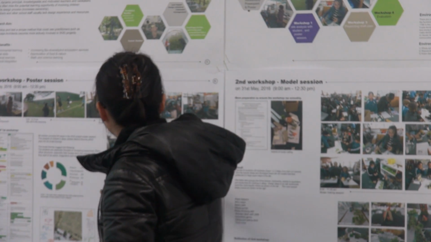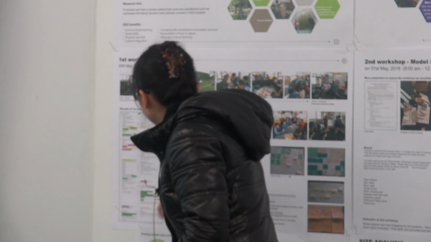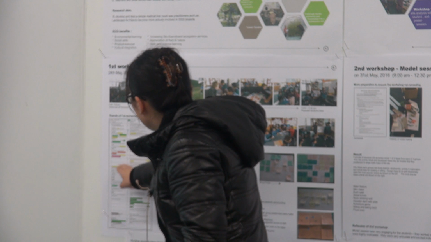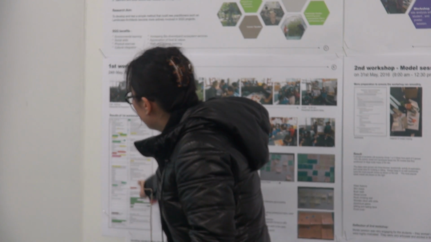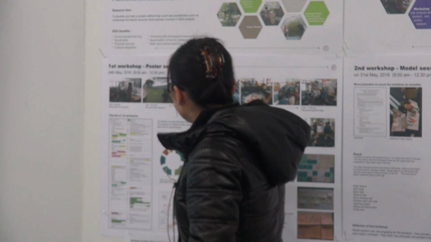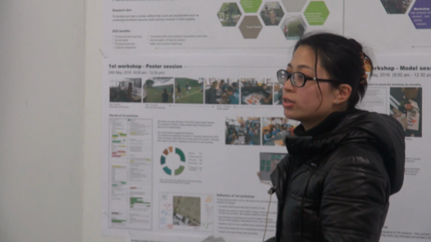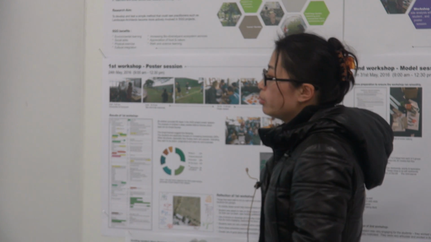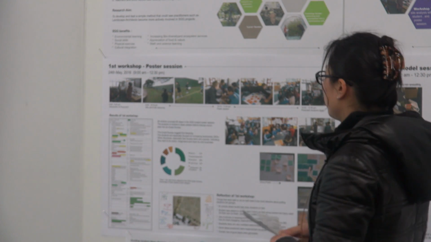And after the poster session, I summarized all these ideas and also categorized them into 3 themes, like I mentioned before, increasing biodiversity and so on. And after this, I noticed some things went well, some did not. This led me to be more prepared for the next workshop.